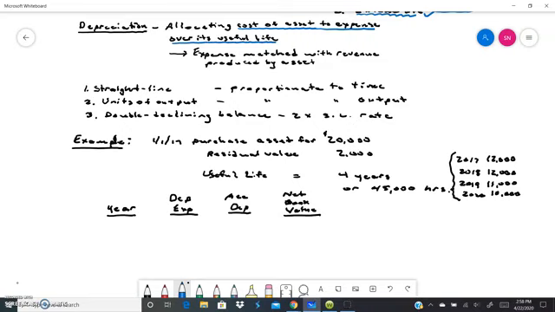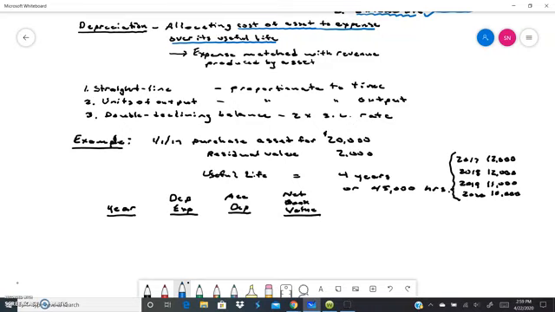So for instance, let's say we have a machine that's going to produce revenue for 5 years. If the machine cost us $1,000, using a straight line method, we want to reflect the fact that there's a cost of producing that revenue, and we want to match $200 per year of that $1,000 against the revenue it generates.